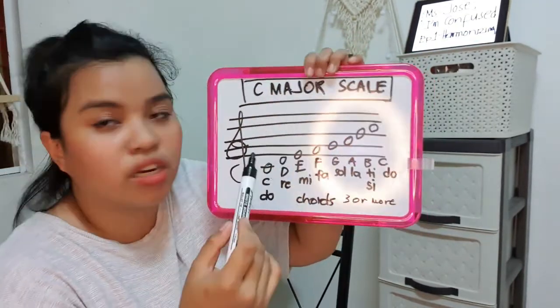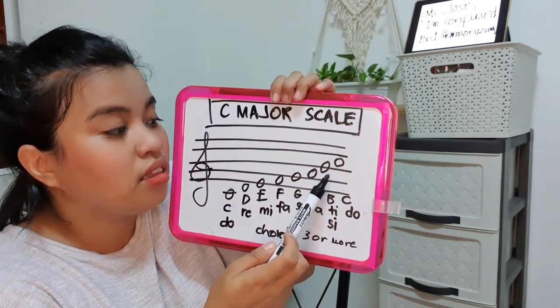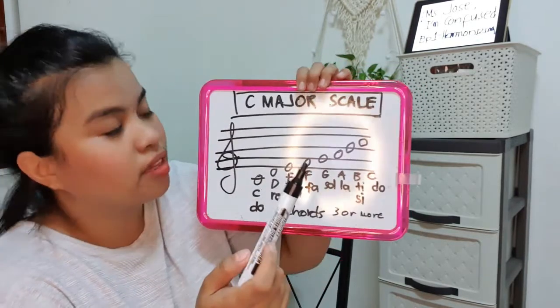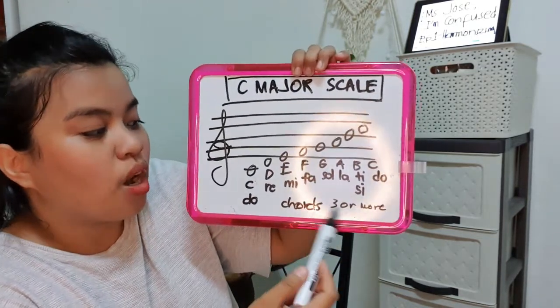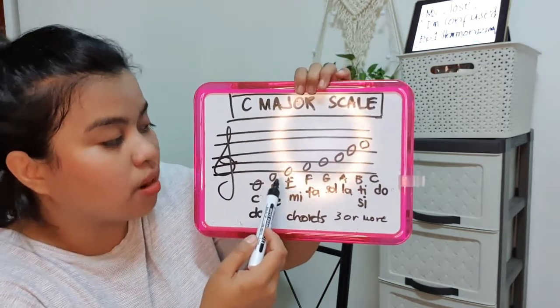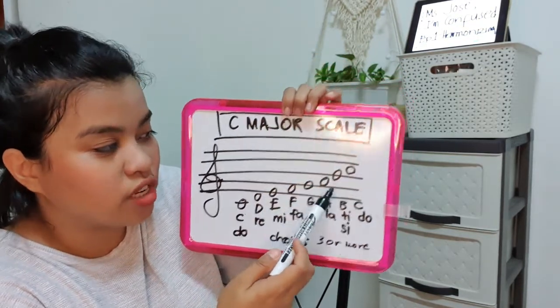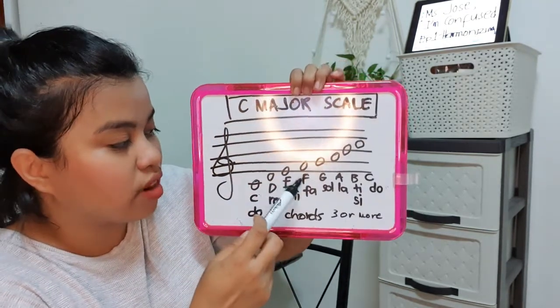So, for example, your given melody is Do, Re, Mi, Fa, Sol, La, Ti, Do. That's your given melody. Now, if you want to harmonize, you have to put triads or chords above C, above D, above E, F, G, A, B, C, or triads above Do, Re, Mi, Fa, Sol, La, Ti, Do.